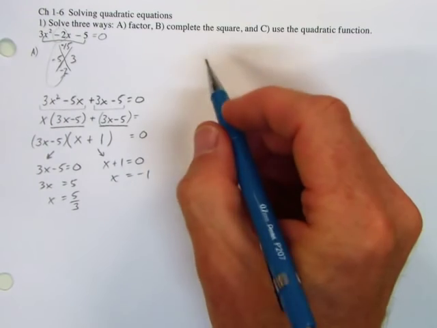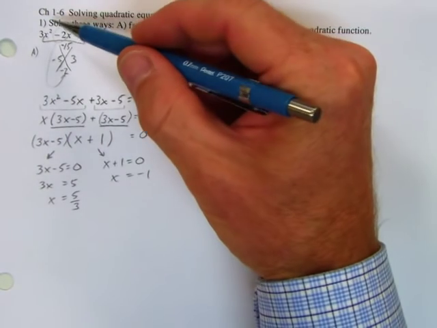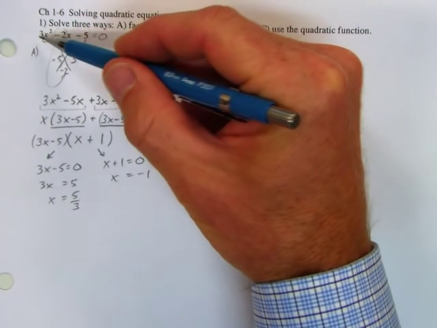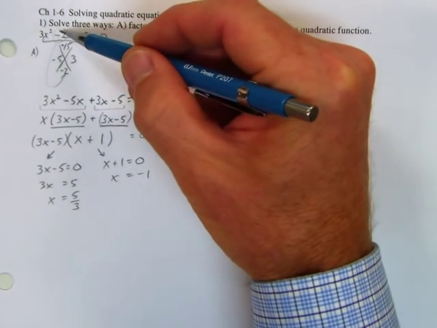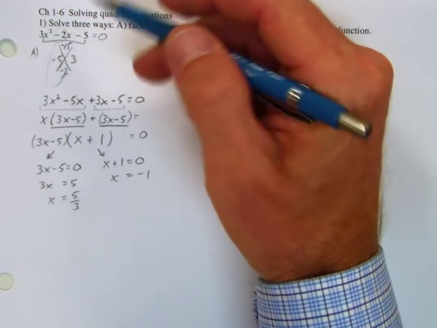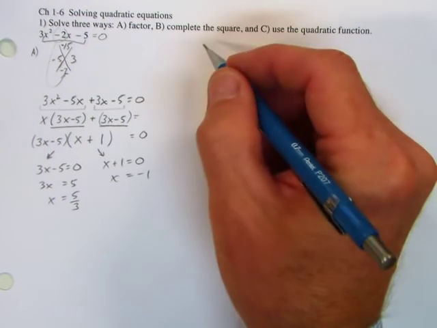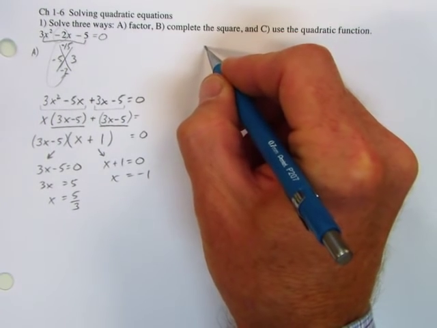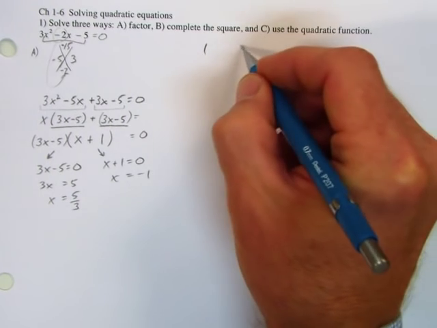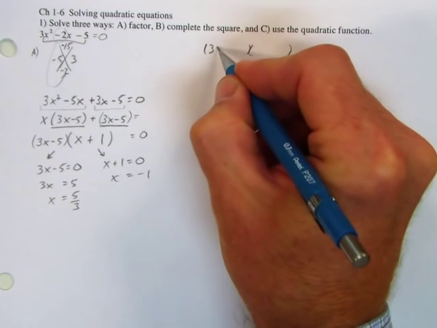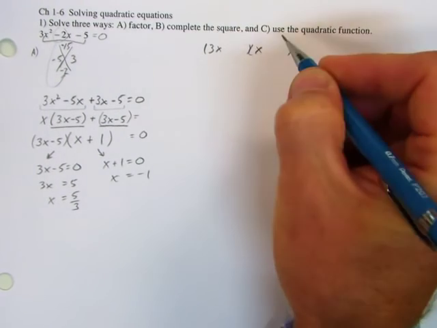Now, one thing that you can look at, if you ever notice that this first coefficient and the last one add up to give you the middle one, that means they're going to be in the same parentheses. So if I was going to factor this straight, for 3x squared, we're going to have a 3x in it, and then 3x times x.